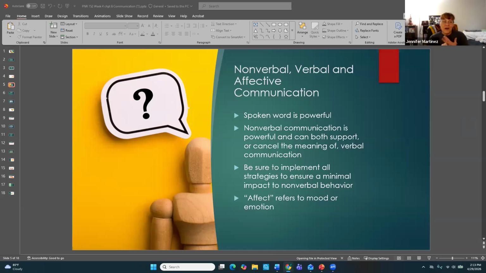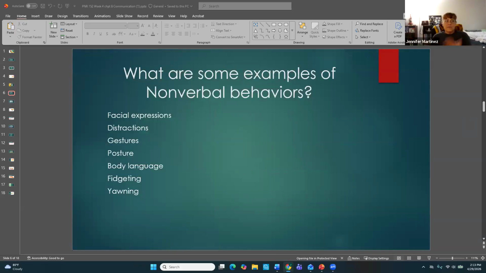And so really making sure that when we are speaking, everything is congruent. And then, of course, affect, like I said, is the mood, the emotion behind it. So those nonverbal behaviors, again, facial expressions. What does your face look like when you are communicating with your patients?